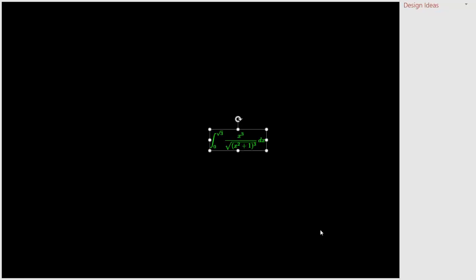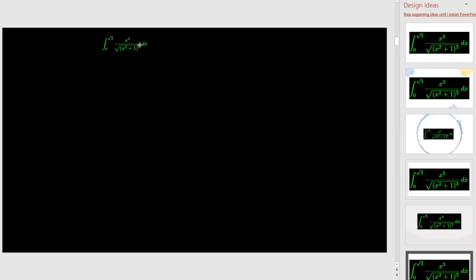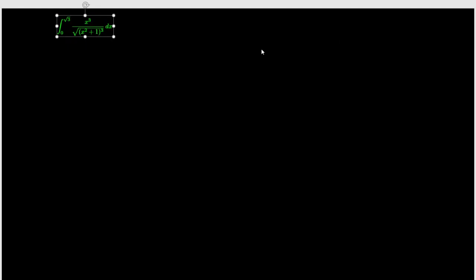So this time I'm going to let you see a question which could be a little bit more complicated. Actually, you see this time you have a definite integral. The idea is the same.